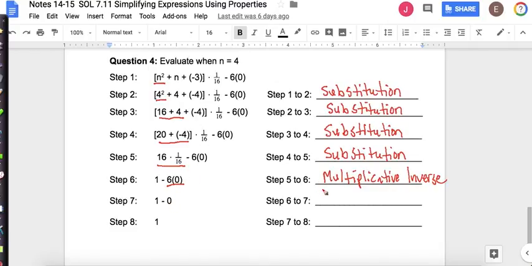So anytime you multiply by 0 and get 0, that is the multiplicative property of 0. And last but not least, 1 minus 0 got replaced with a 1, so that's substitution.